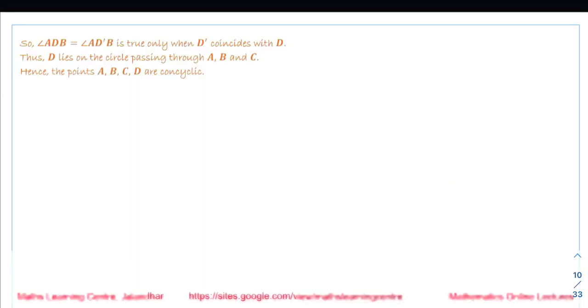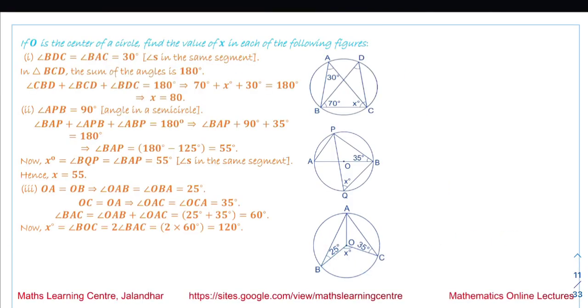In this next question, we have to find the value of x in the given figure. Some angles are given to us and we have to find the angles where x is marked. So in the first figure, this angle is 30 degrees. We are talking about BC, and the angles BAC and BDC both lie on the same arc BC.